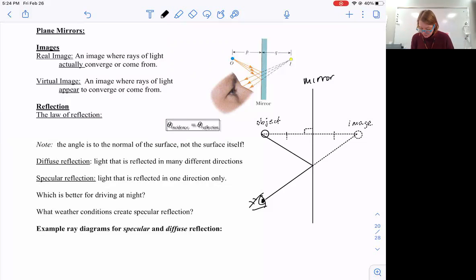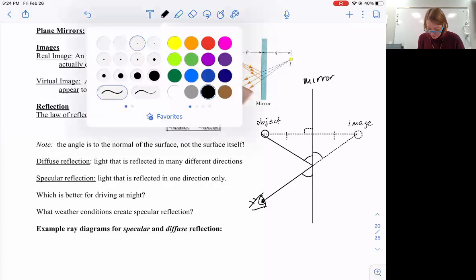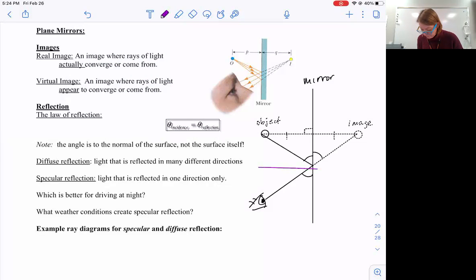Now, I drew this in such a way that my angles here, these three angles, are all congruent, and that's necessary because we must obey the law of reflection. Again, the law of reflection says that the angle of incidence must equal the angle of reflection. And we like to measure things from the normal in optics.